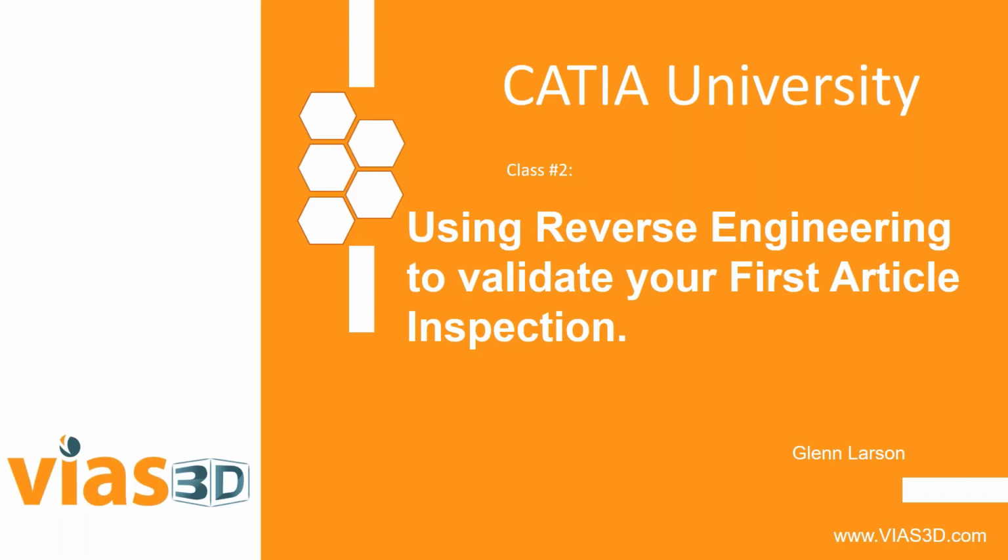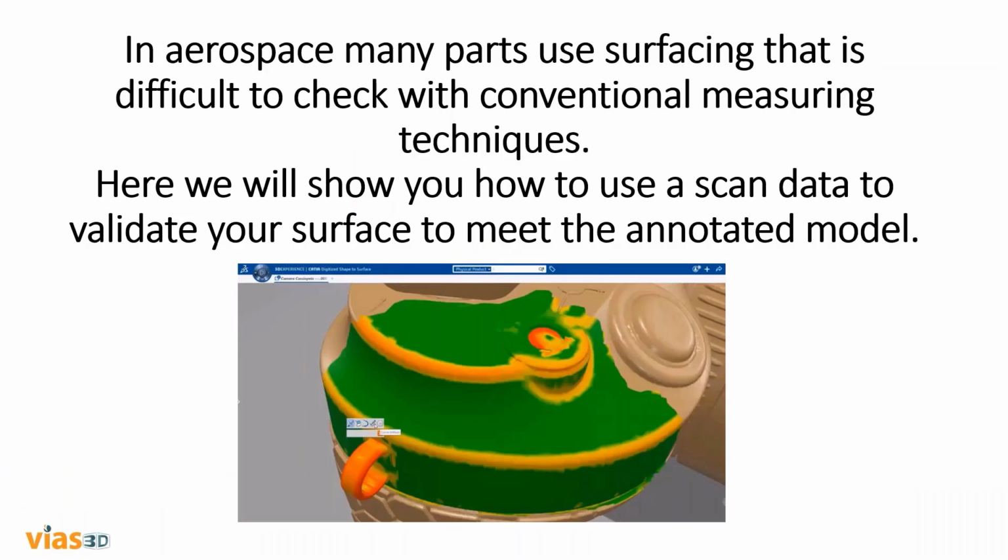You build a part, you machine a part, and you put it in for the first article inspection, and they either okay it or they fail it, and then later you find out it wasn't right. And this is a problem, and scanning technology is making this way easier. And you can do a lot with this.